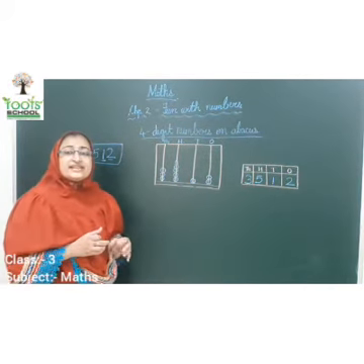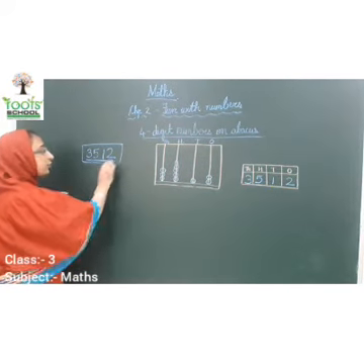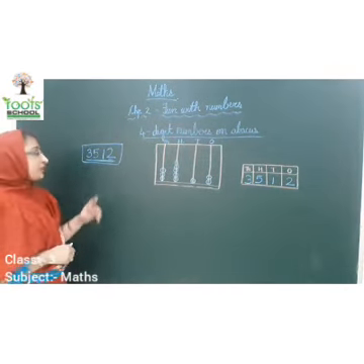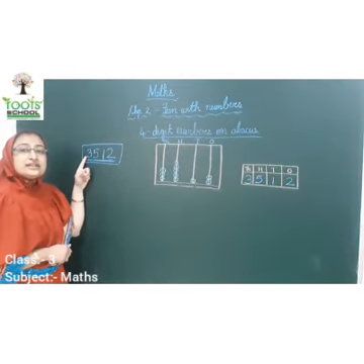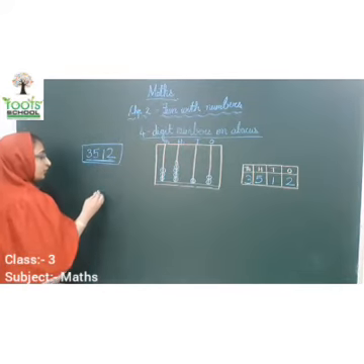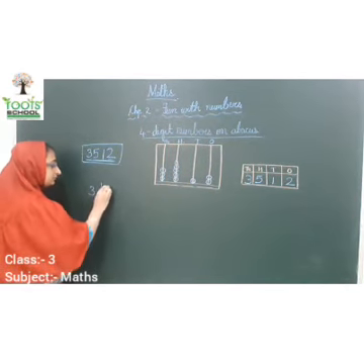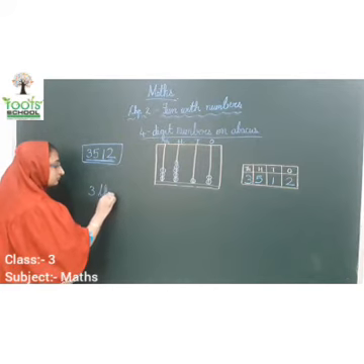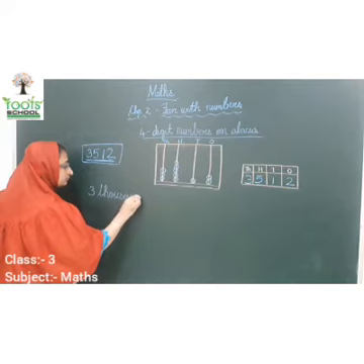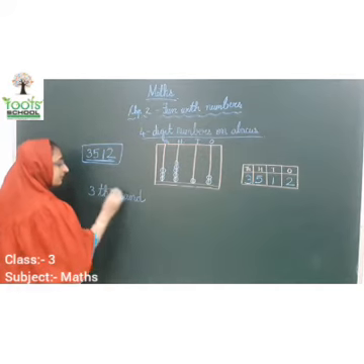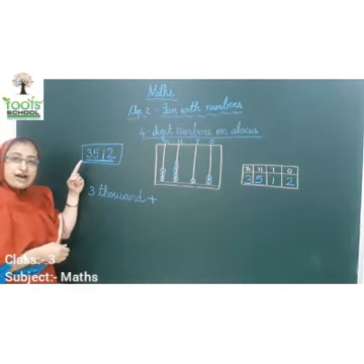Now if you want to write the expanded form of this number 3512, how are you going to write? First tell me, which number is there at the place of 1000? 3. So you are going to write 3000 plus, what is the number at the place of 100? 5.